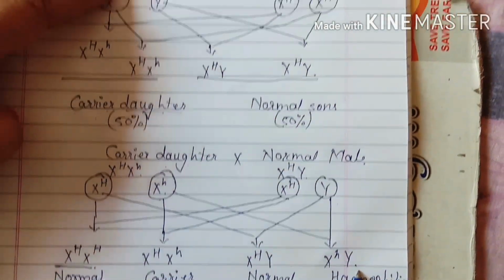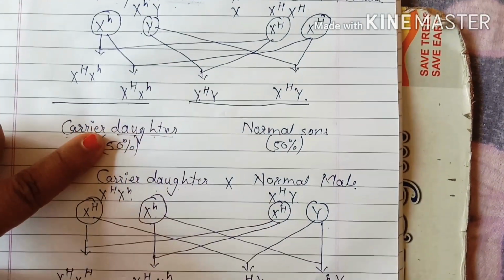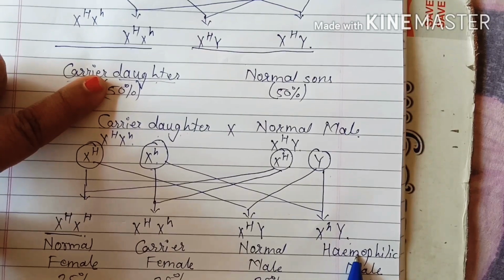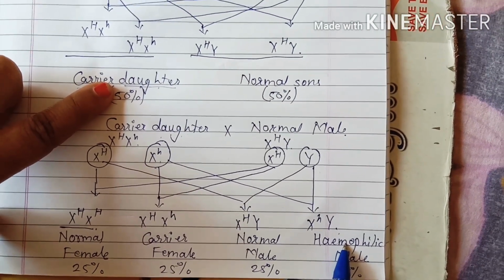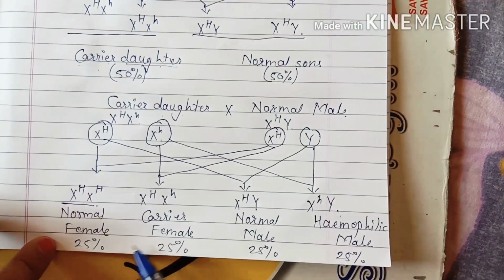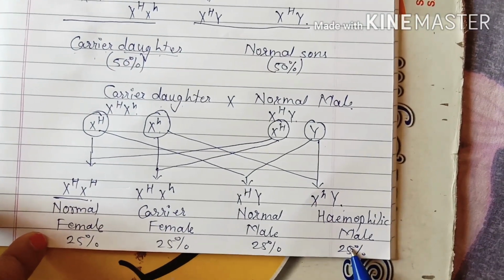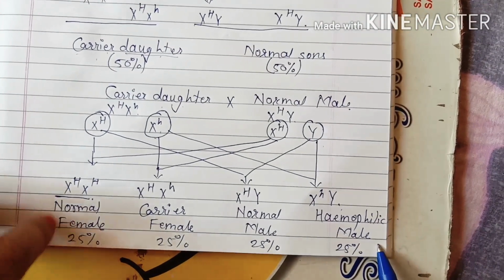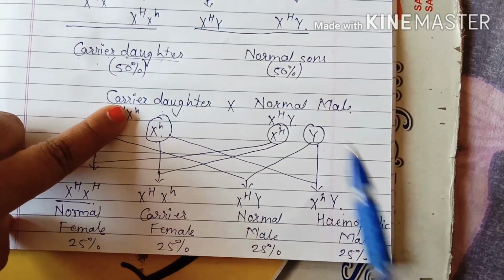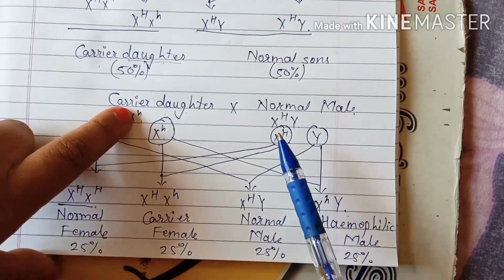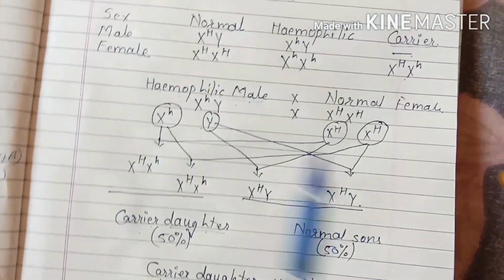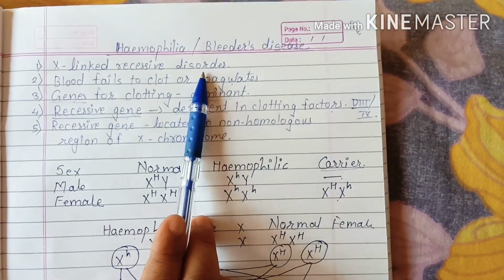That is from male to female to male. This is known as criss-cross inheritance. So there is a 25% chance of having a hemophilic male if carrier daughters are crossed with a normal male. This is another example of hemophilia as an X-linked recessive disorder.